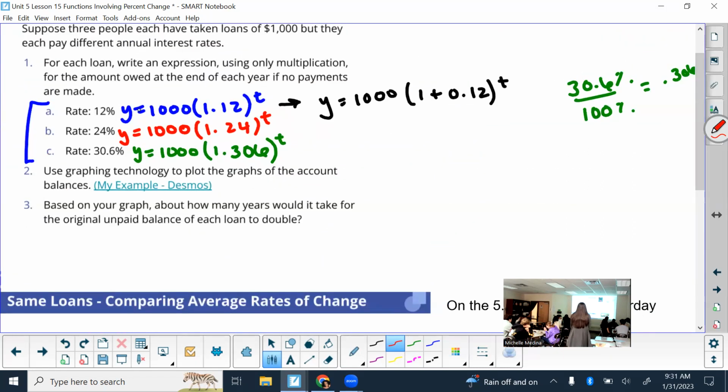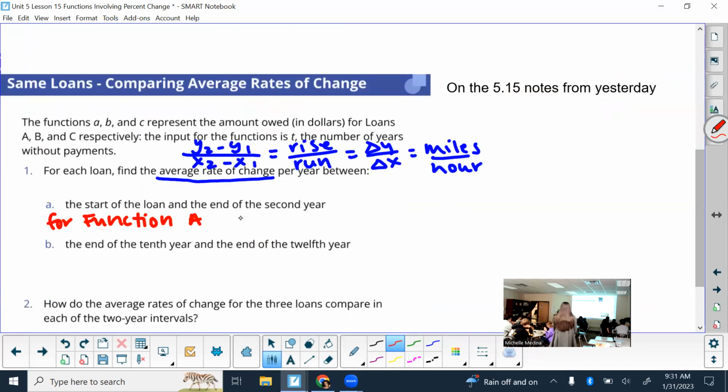That's the one that had the 12% interest. So we made this equation. I'll even rewrite it for you: y equals 1,000 parentheses 1.12 to the x power, or to the t power, whatever you want to use.